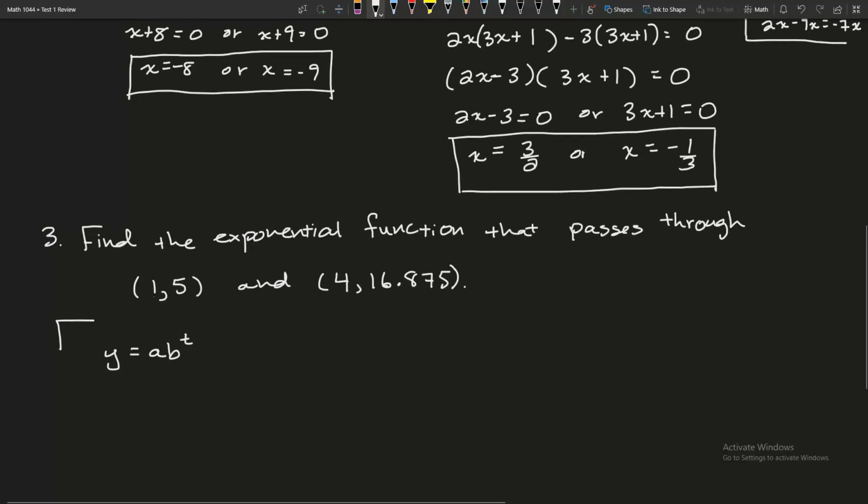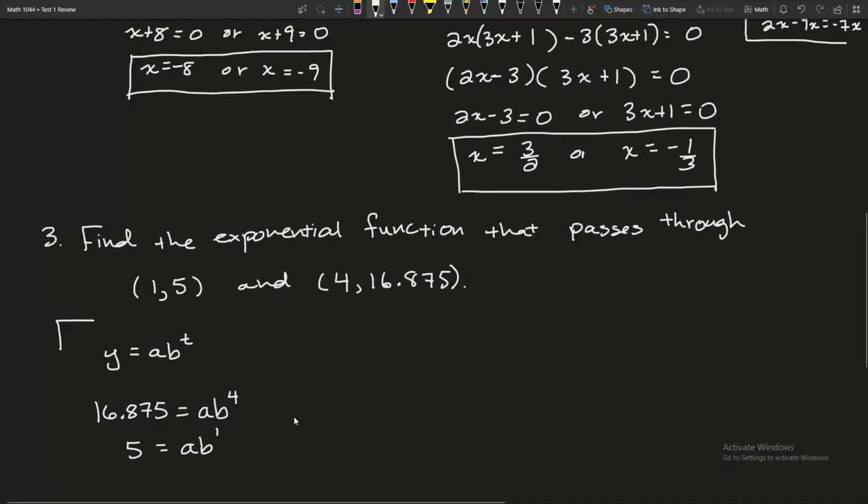So t would be the first coordinate, y would be the second coordinate. And remember, I like to plug in the one with a larger t value first. So I would have 16.875 replacing y, and 4 replacing t, so I get ab to the 4th. And in the other pair, I would have 5 is equal to ab to the 1st.